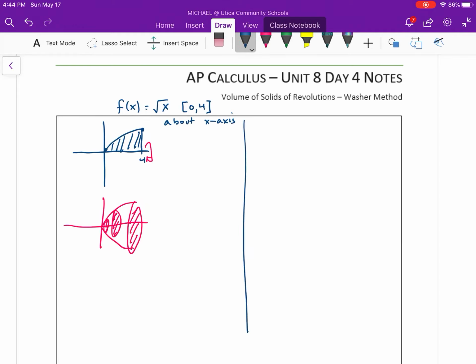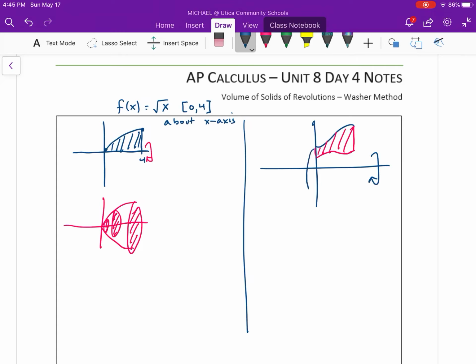Now let's take another example, and I'm going to just draw a general one. Let's say that we have some function here. Again, doesn't matter what it is. And then a second function there. And we're going to take this and rotate it again around the x-axis.